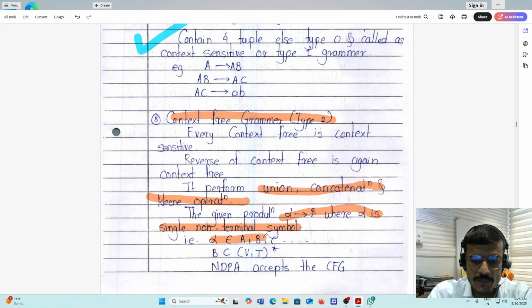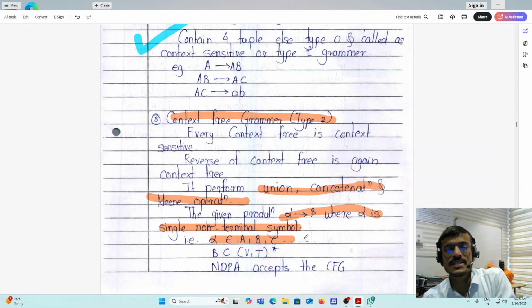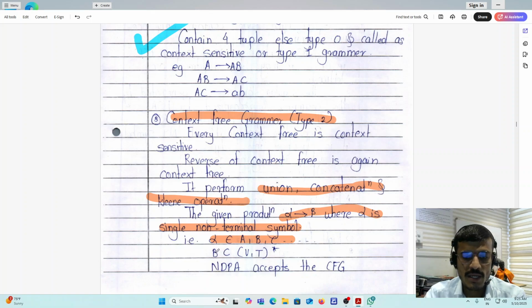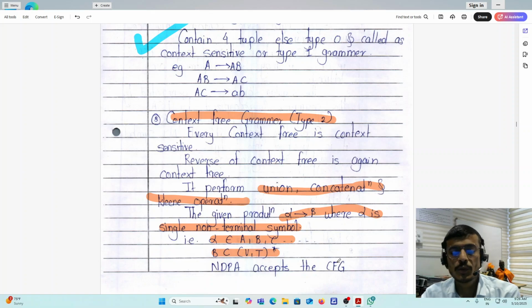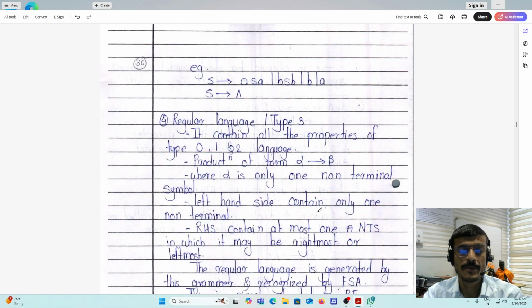So alpha belongs to A, B, C and so on, meaning an uppercase alphabet should be there, and beta should be a subset of (V union T) star, meaning beta may be any combination of terminals and non-terminals. NPDA accepts the CFG. Non-deterministic pushdown automata accept the CFG. Keep this in mind.